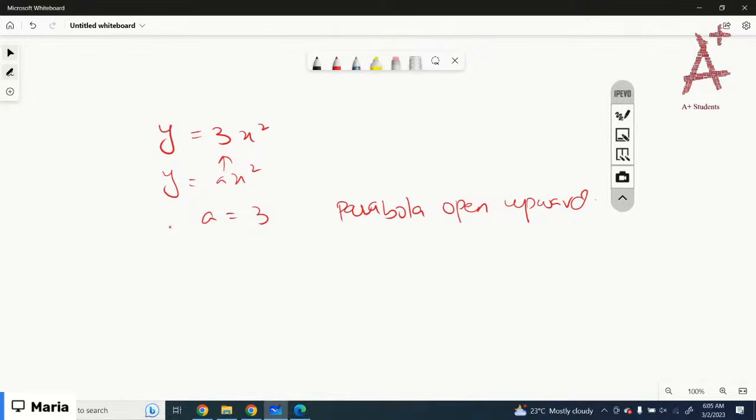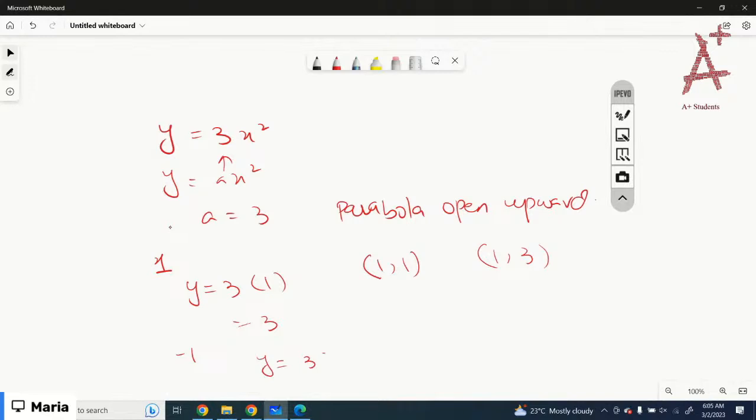Let's suppose we have x values and y values. When x is 1, y equals 3 times 1, which is 3. That means the original point 1, 1 is transformed to 1, 3. Let's suppose x equals negative 1.